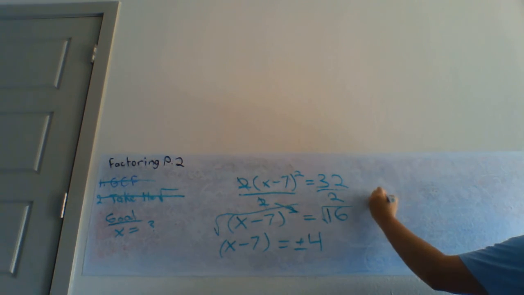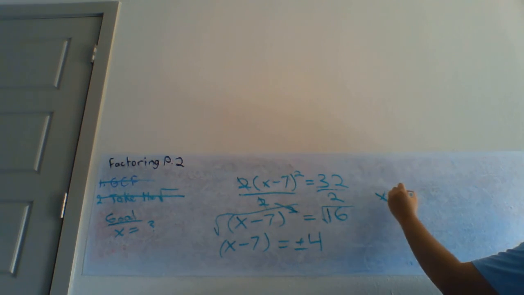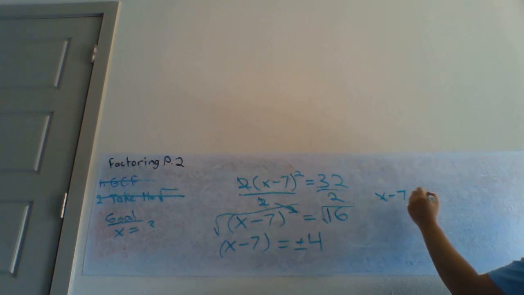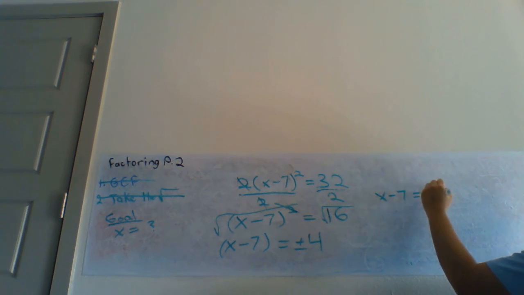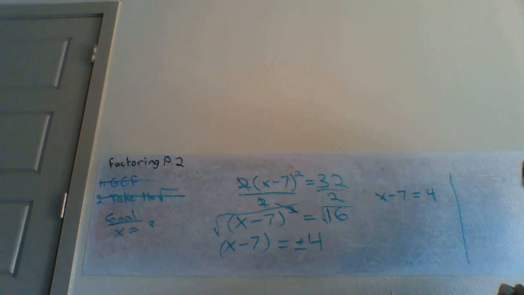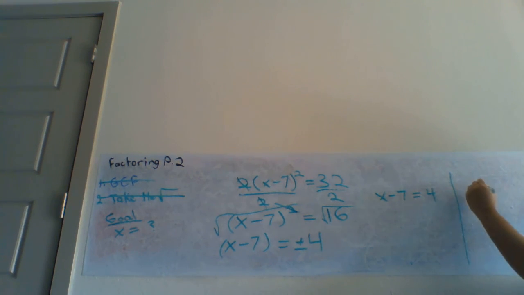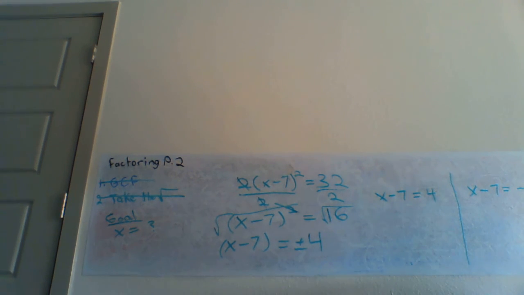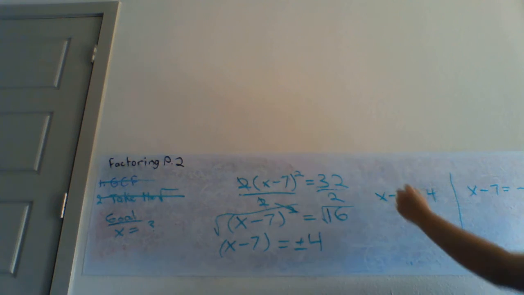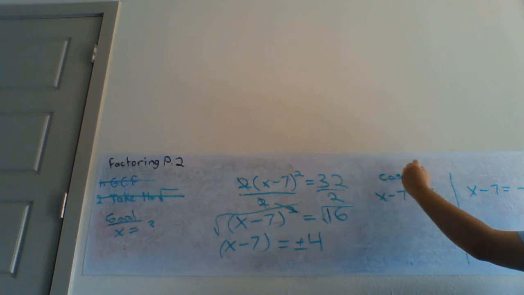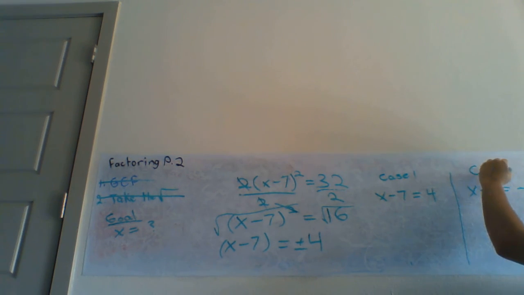One of them is going to be the plus 4, one of them is going to be the negative 4. So I've got x minus 7 equals plus 4. Then I've got x minus 7 equals negative 4. So I've got case 1 and case 2.